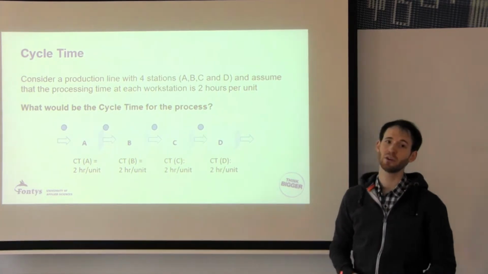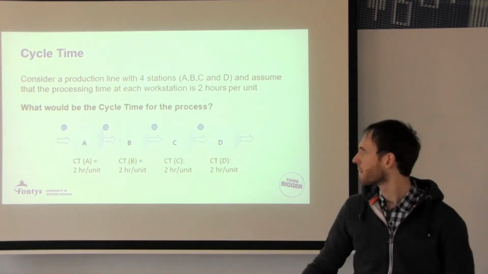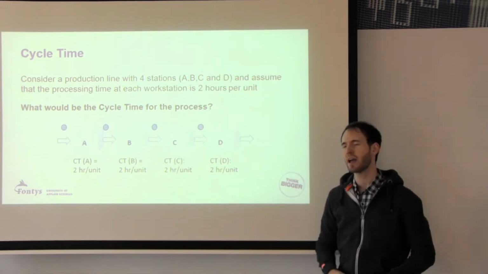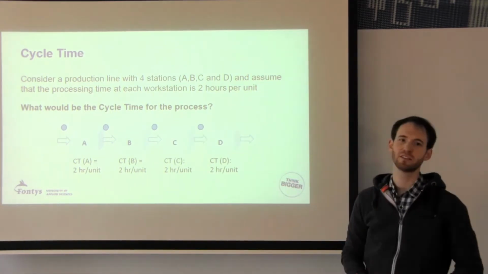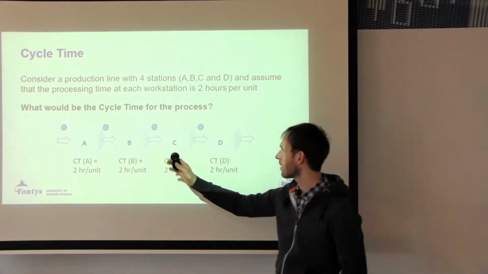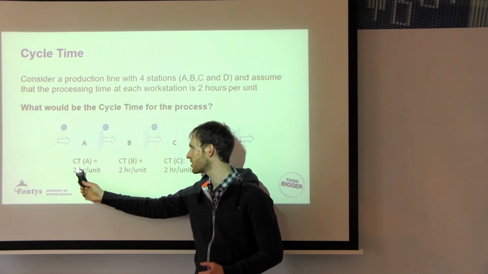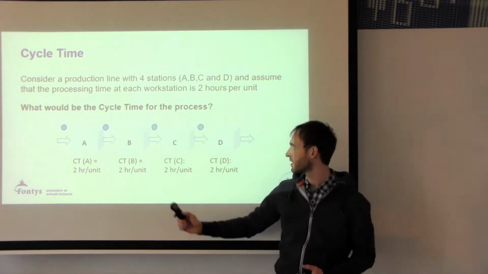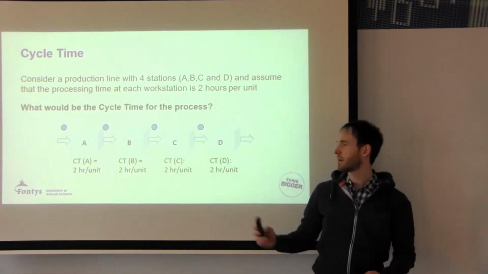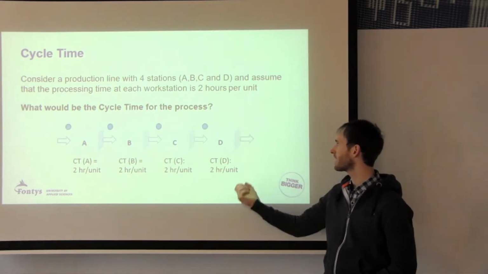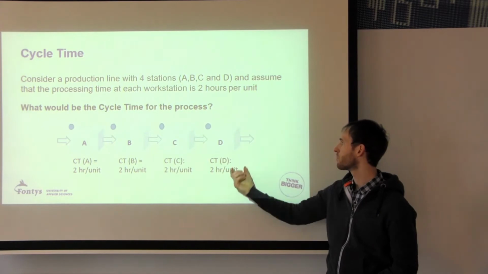Well, we also looked at cycle time before. So let's look at another example, the 4 workstations that we have here. So we have a production system, we have workstation A, at which 2 hours are used to produce 1 unit. B, C, and D is the same thing. And now the question to you is, how long does it take until I can grab a new product?